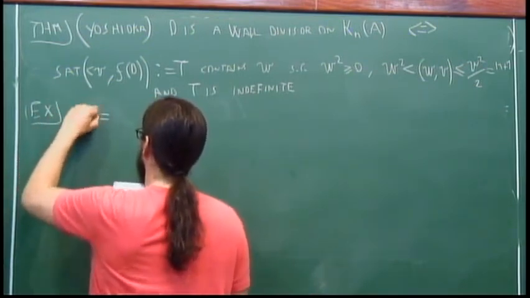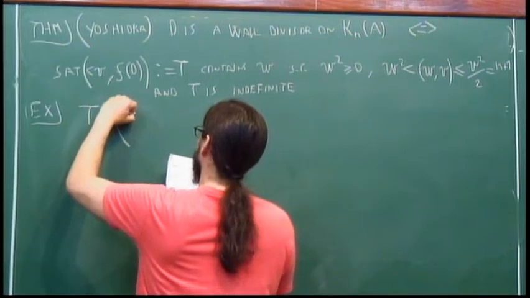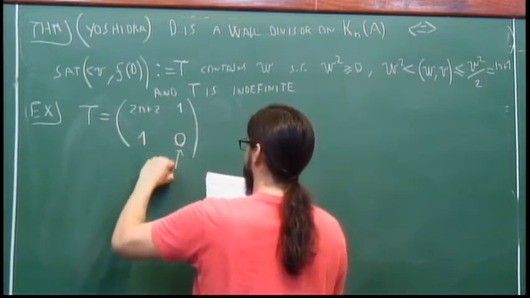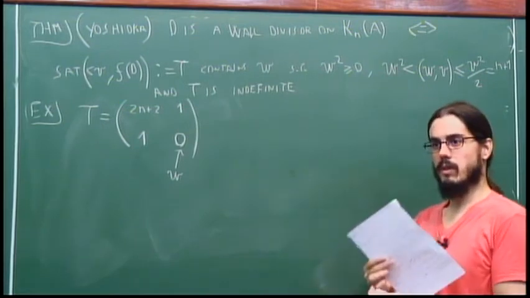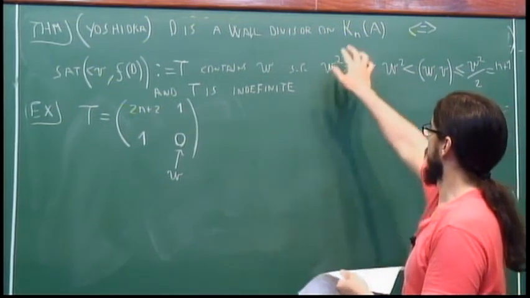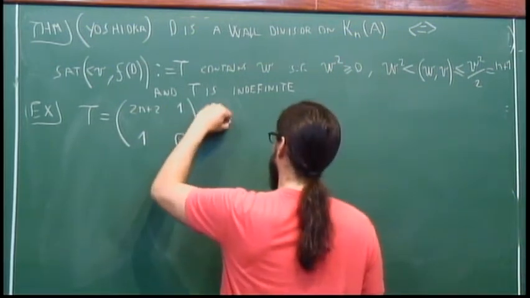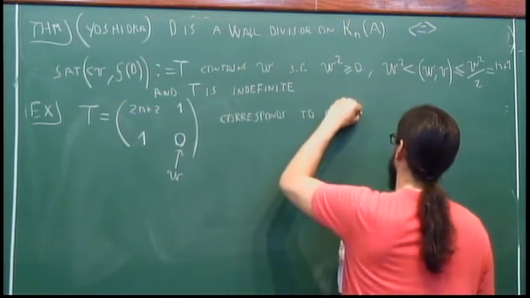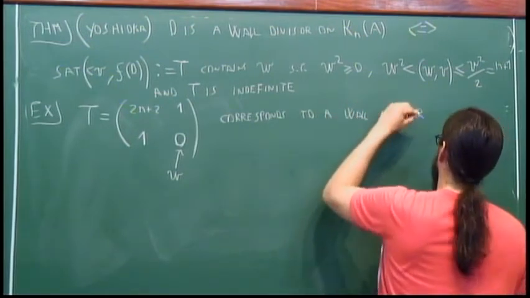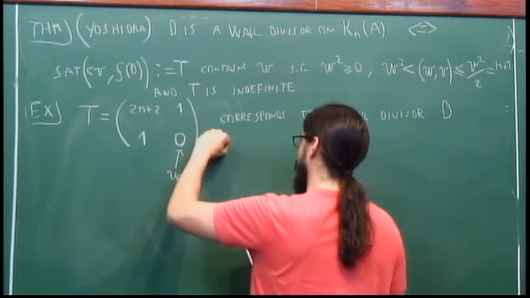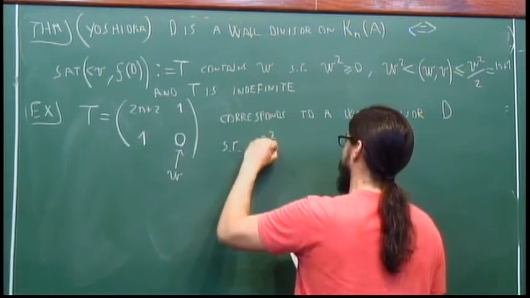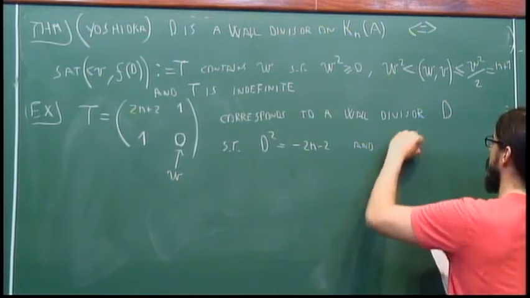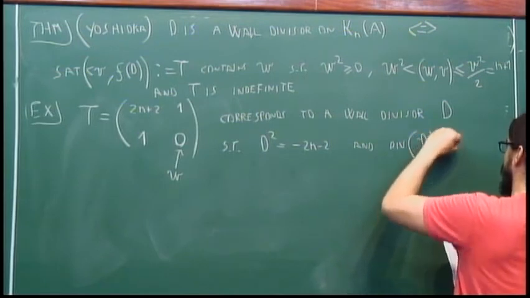If we take T equals to 2n plus 2, 1, 1, 0, where this is W, this corresponds to a wall divisor inside the H2 of Kn, and this D has square minus 2n minus 2 and divisibility 2n plus 2.